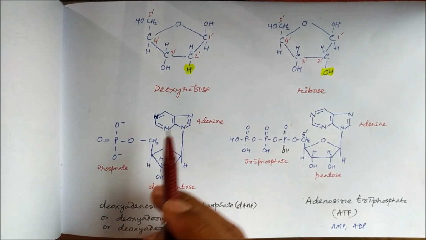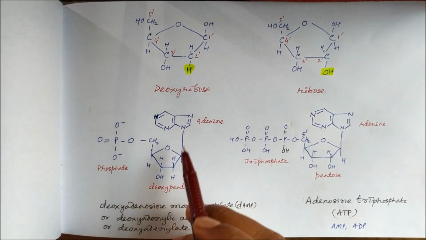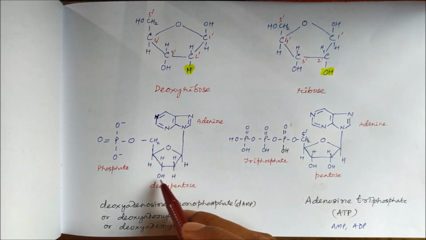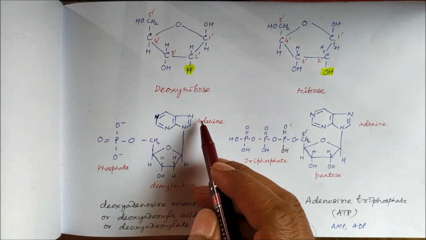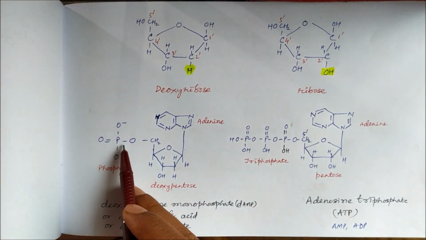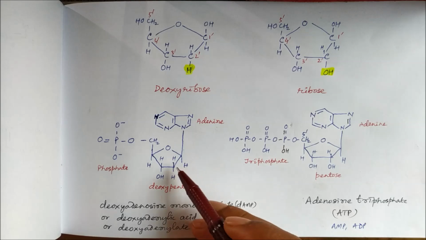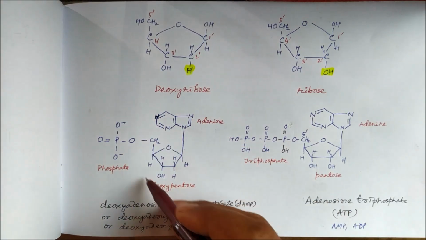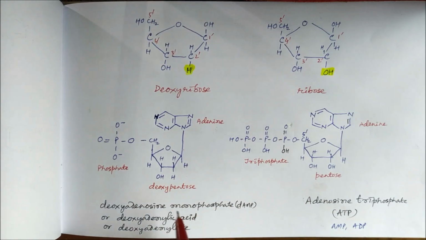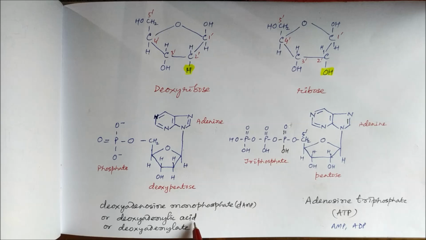And let us see here in this example, deoxyribose sugar is there, and the same adenine is the base, and one phosphate is attached. So this sugar and base is the nucleoside, that is deoxyadenosine, and then one phosphate is attached, so deoxyadenosine monophosphate, or simply you can write small d AMP, or deoxyadenylic acid or deoxyadenylate, all are the same.